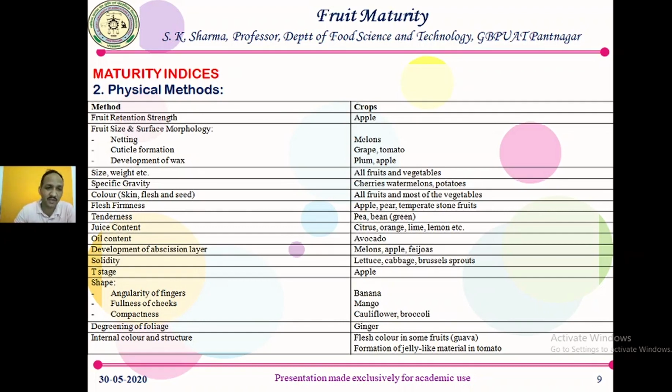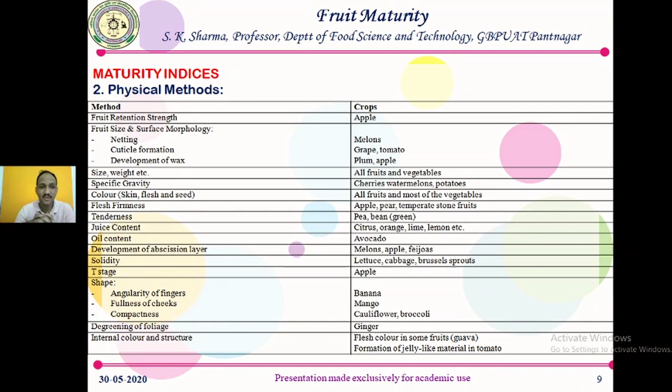Cuticle formation in case of the grapes and tomato. Development of wax, you would have seen that the plum and apple and other crops develop wax on the surface because that is a natural process, and the surface becomes whitish, and so that is also one of the indices, meaning now it's ready for harvesting.